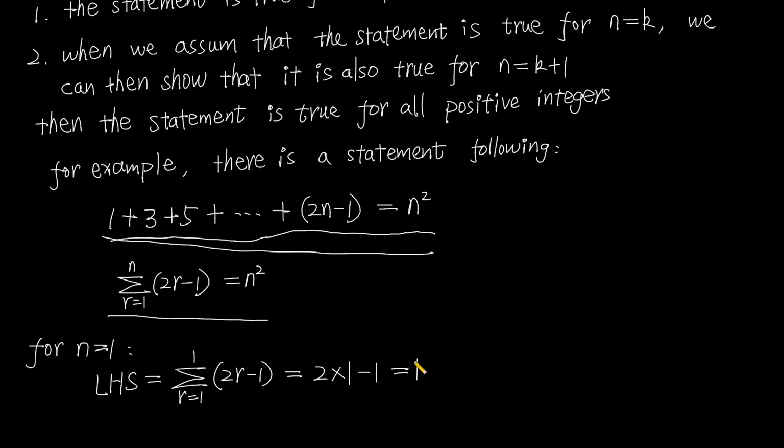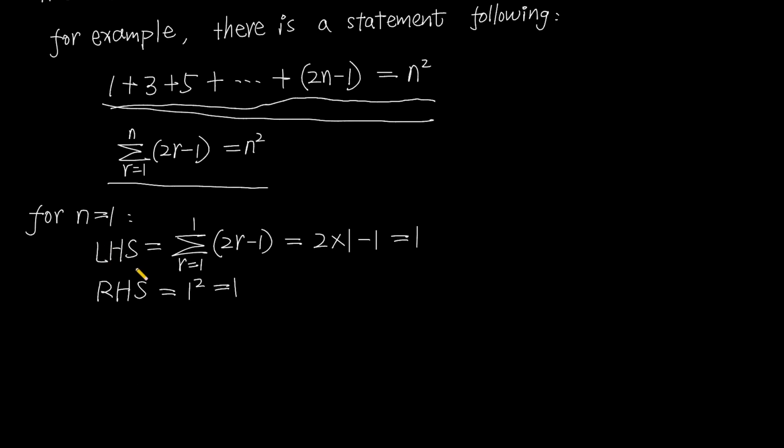This equals 1. This is the left hand side. And the right hand side, with n equals 1, is 1 squared. This equals 1. So the left hand side equals the right hand side, so this statement is true for n equals 1.